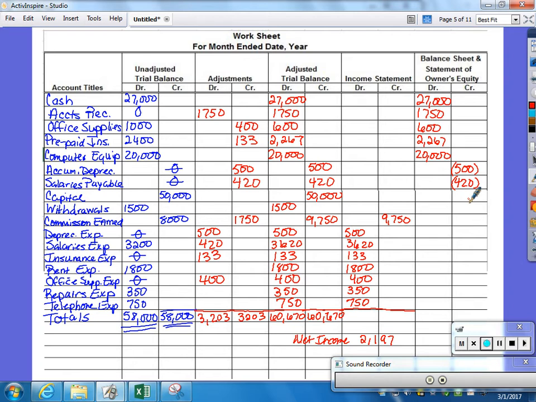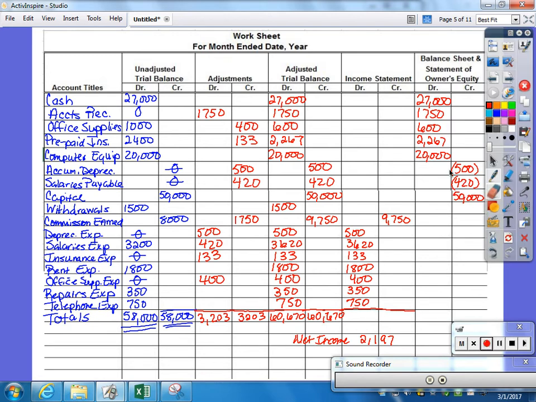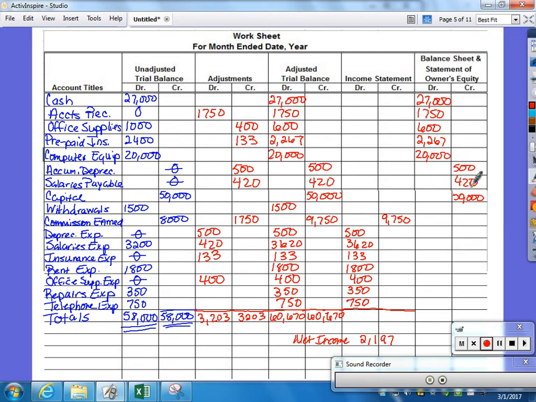Capital, that's equity, right? So we're going to bring 50,000 over here. I'm sorry, take the parentheses off of those. Withdrawals go here as well, right?